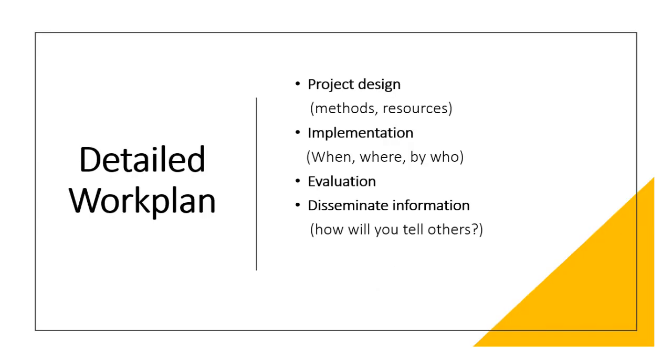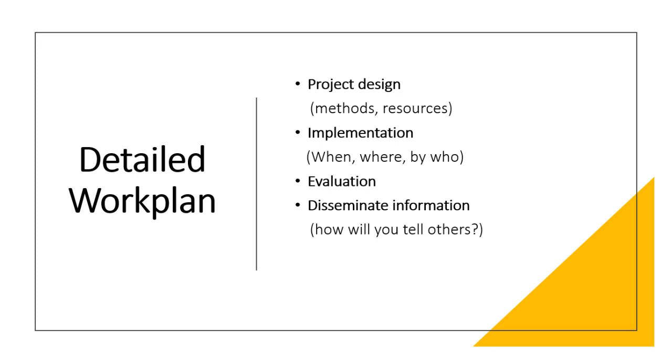So applications always ask for a detailed work plan, although it might be worded differently. So this is where that planner comes in place to help you have your project design all worked out before you start writing. So, what resources are you going to need for your project? You need to think about that.